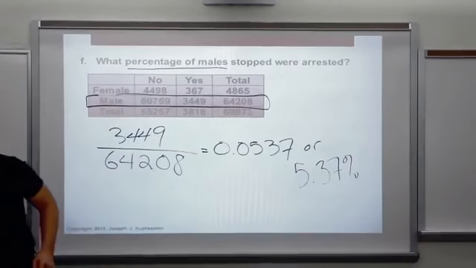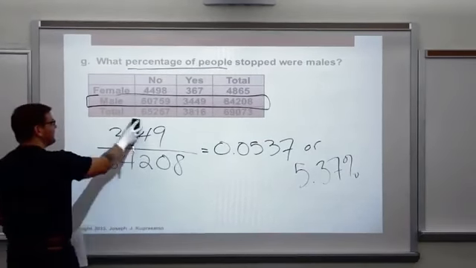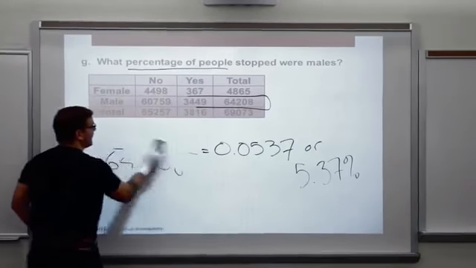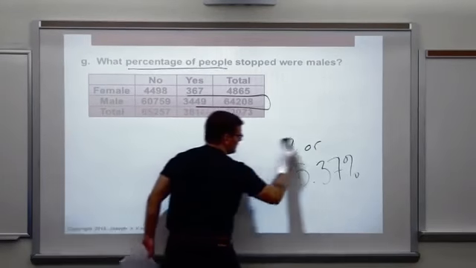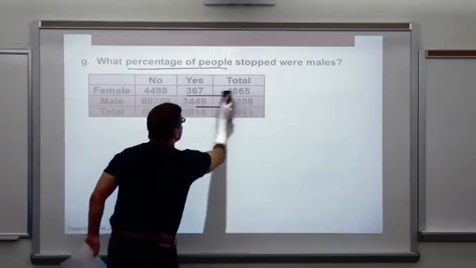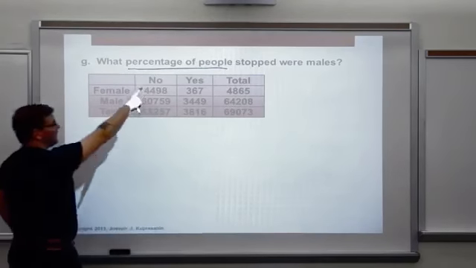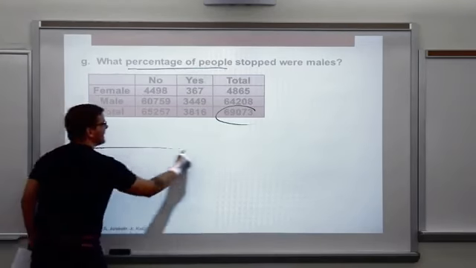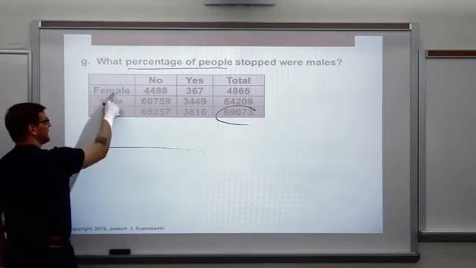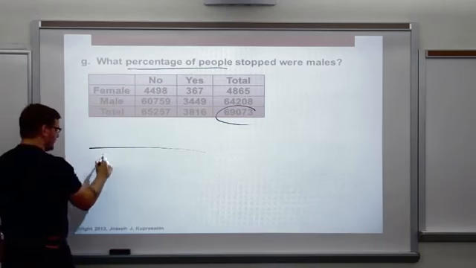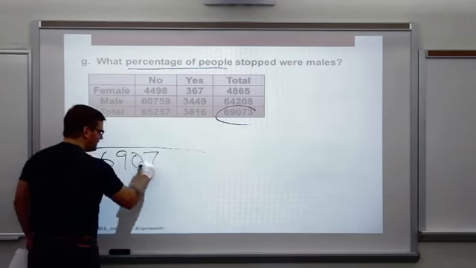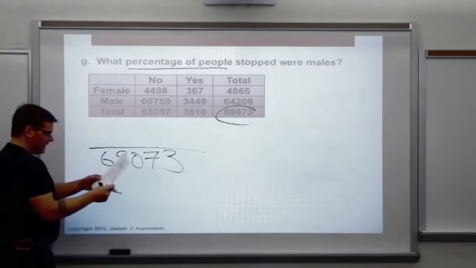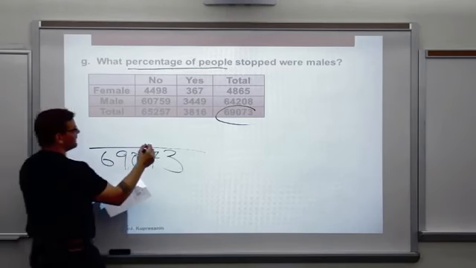Read the questions carefully, students. What percentage of people stopped were males? Of people tells me to put 69,073 in the denominator. I'm not just looking at females or males, I'm looking at percentage of people. If we look, what percentage were males?